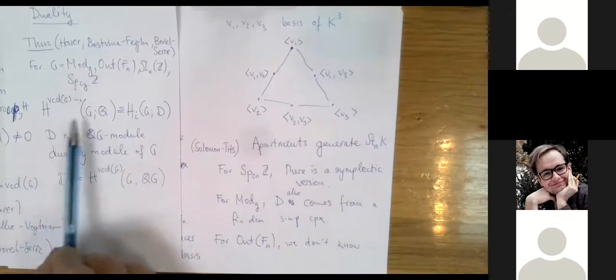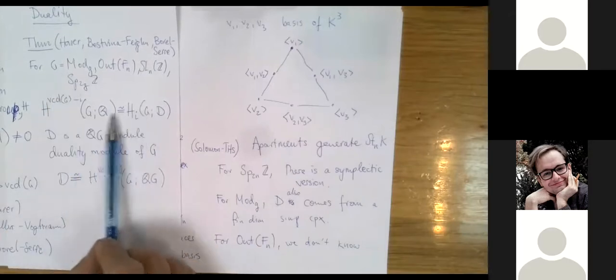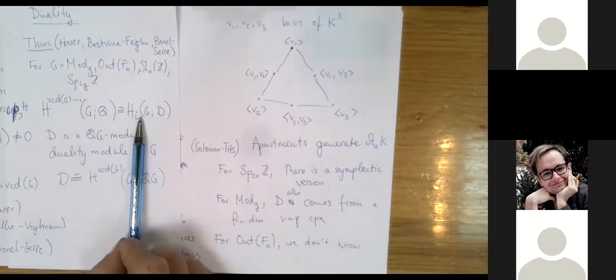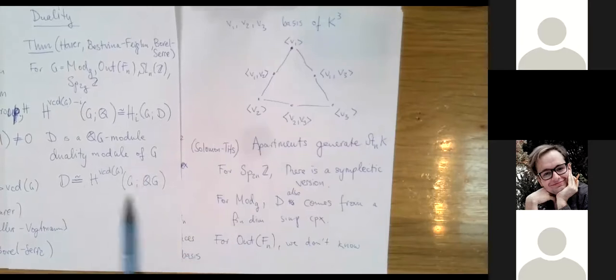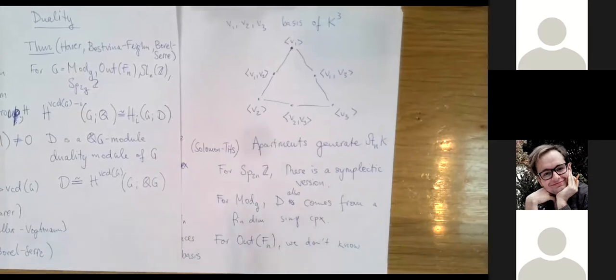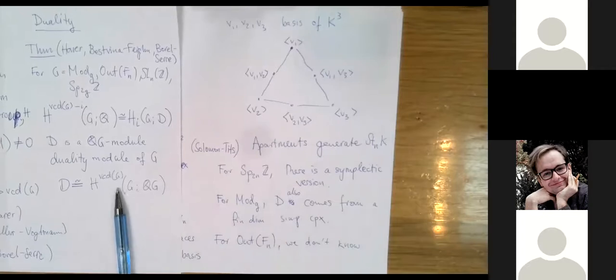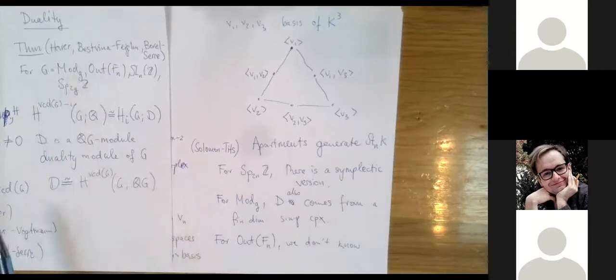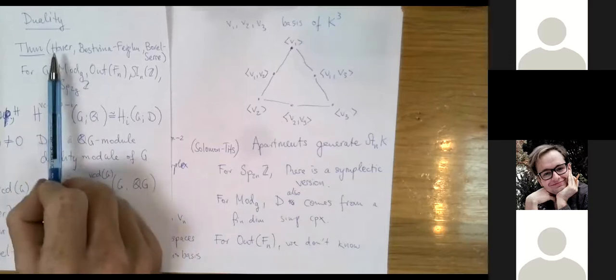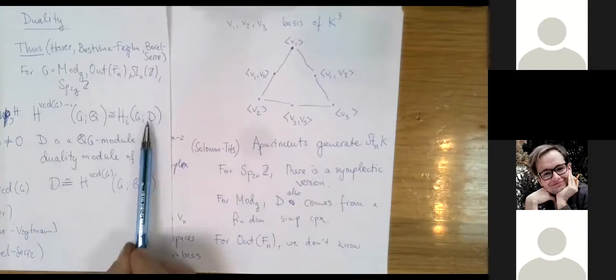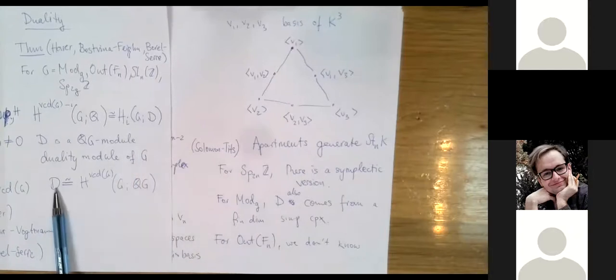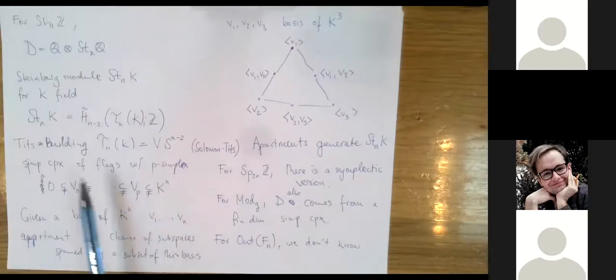One is whether there is this kind of duality with some group that we can define this way, but maybe we don't know much about. And another part of this theorem, in particular of this theorem of Harer and Borel-Serre, was that they identified these duality modules.